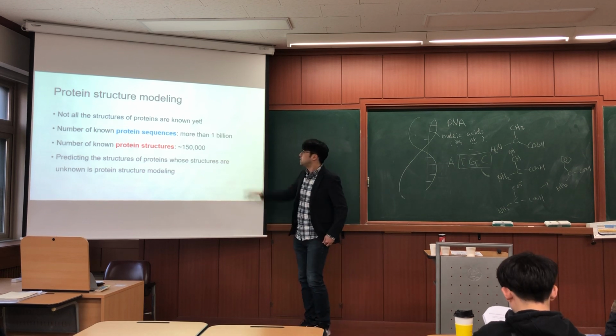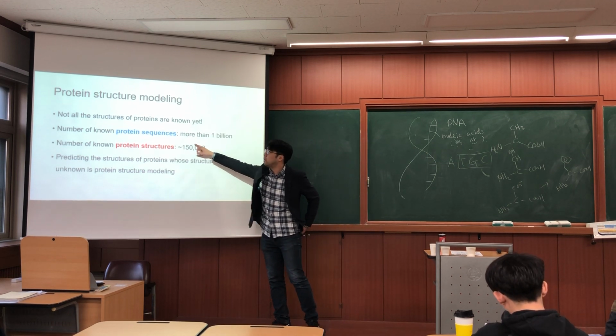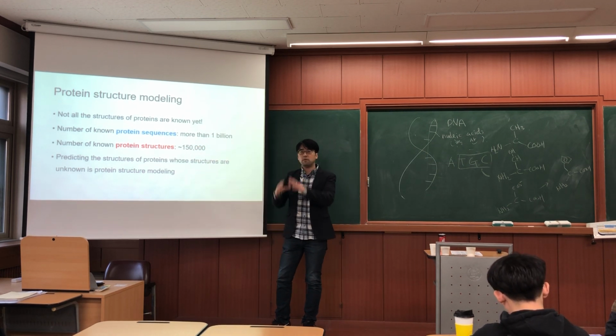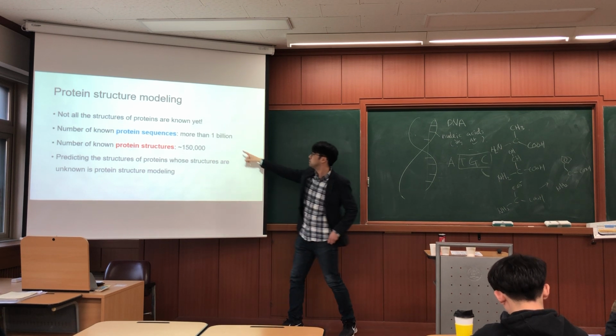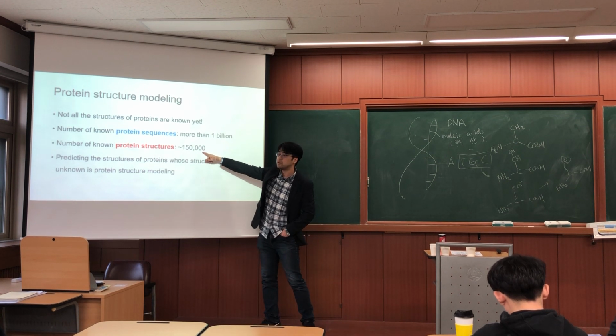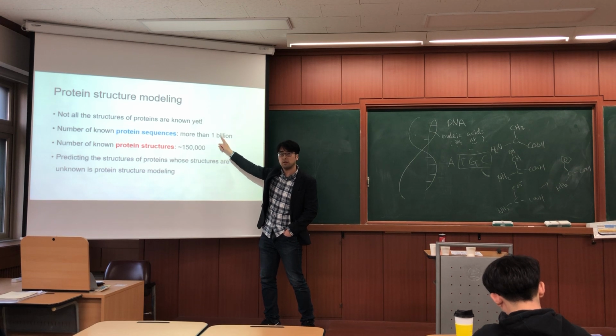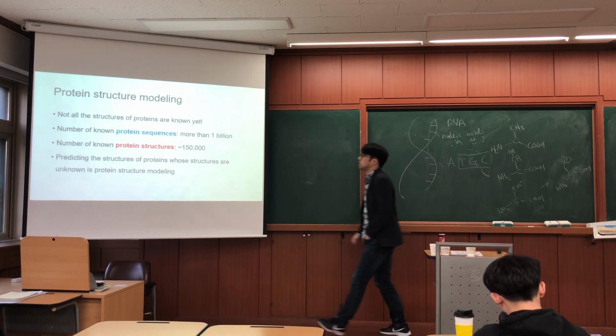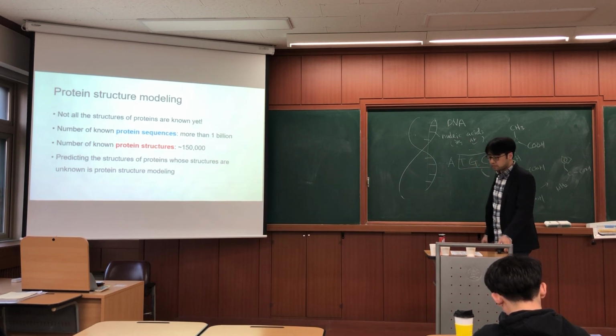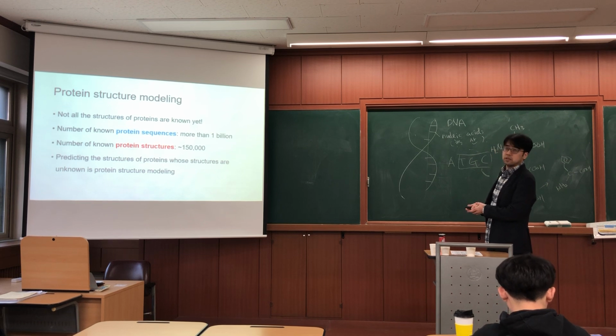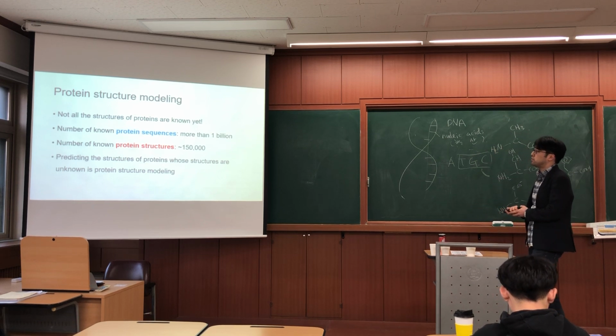Which means that we only know a small fraction, less than 1% of proteins. So if we don't know the 3D structure, then we have to model it. We have to predict it.